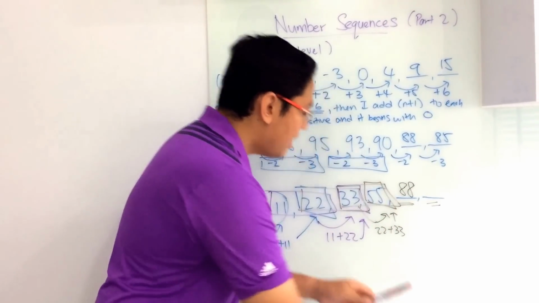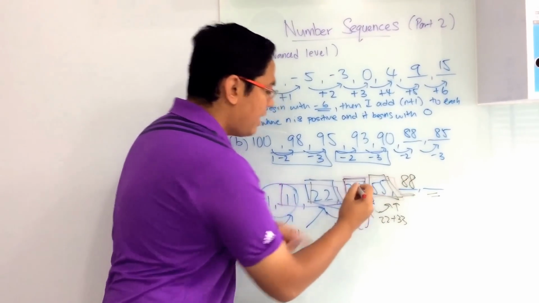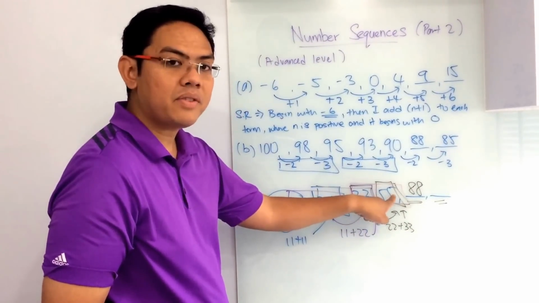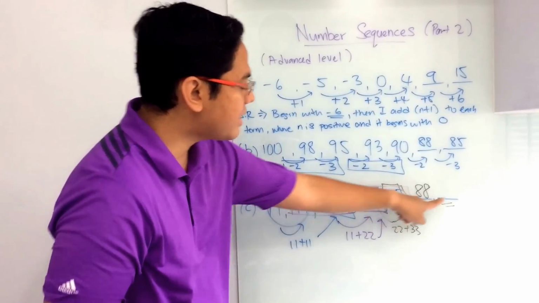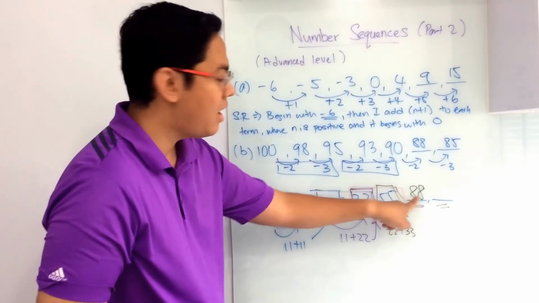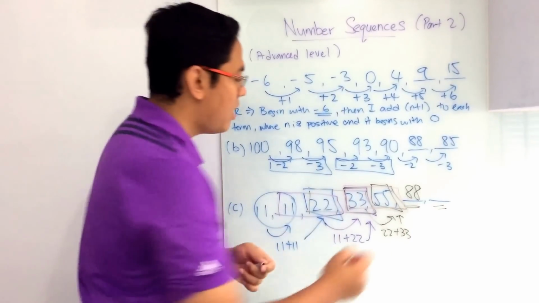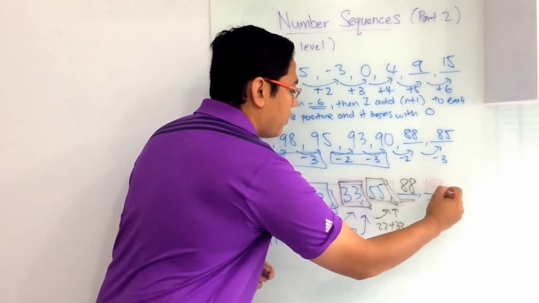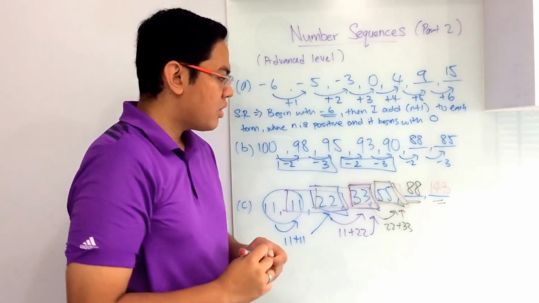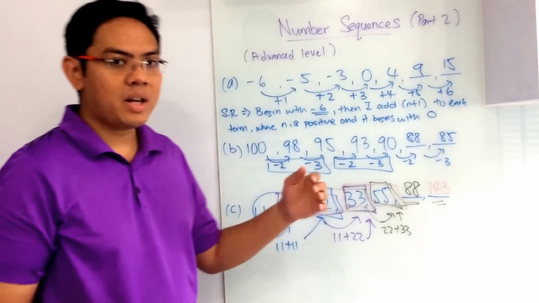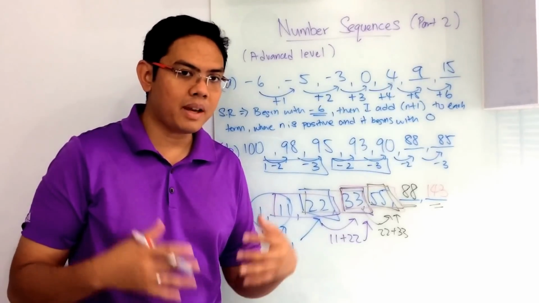Okay, I use a different marker. Sorry, in this case, the last term here is 55 plus 88 gives you 143.